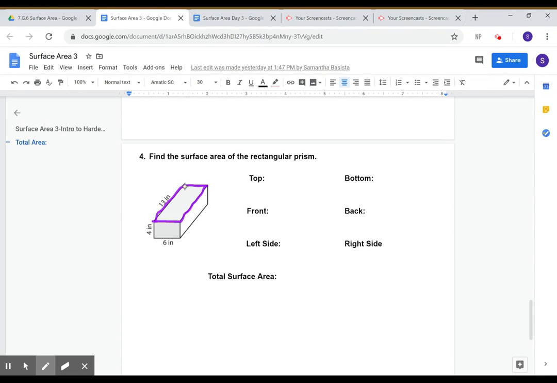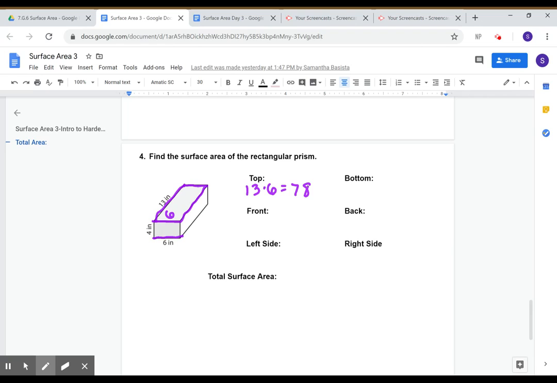Here's what I got. The top piece, its dimensions are, now if I know this is 6, I also know this is 6. So my top is going to be 13 times 6, which is 78.